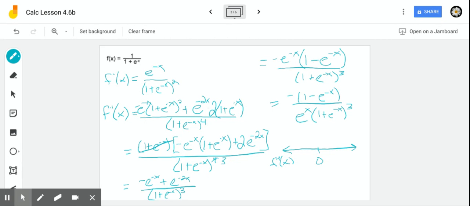So when we plug in something like negative 1, I think we get a positive number. And we plug in something like 1, we get a negative. So we can see that we're concave up before we get to the point 0 and then concave down after that, which means we have an inflection point at 0. We already have that point, 0, 1/2. Okay, so concave up and then concave down.